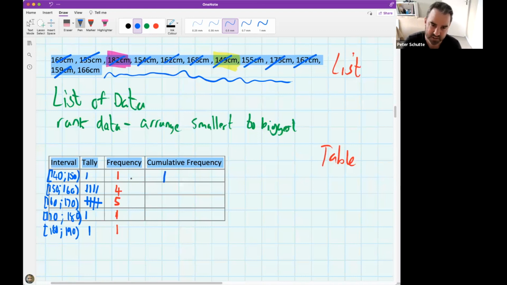It counts up the frequency for the intervals. So I'm going to say the cumulative frequency in interval 1 is 1, but the cumulative frequency to the second interval is 5. What do we think the cumulative frequency is going to be in the next block?